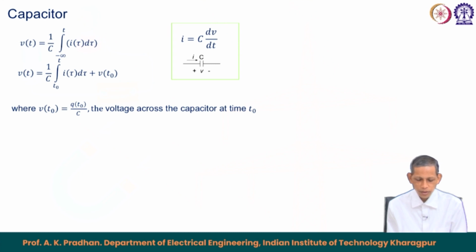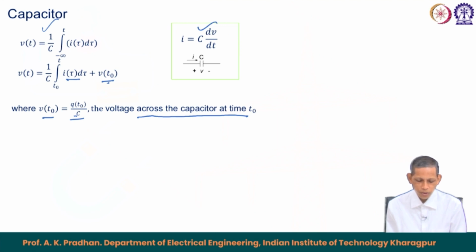Now, from the same relation I equals C dV by dt, we find V from the current. We can write the integral equation: V(t) equals 1 upon C integral from minus infinity to t of I(tau) d tau, which becomes V(t) equals 1 by C integral from t0 to t of I(tau) d tau plus V(t0), where V(t0) is q(t0) by C, the initial charge upon C, the voltage across the capacitor at time t0.